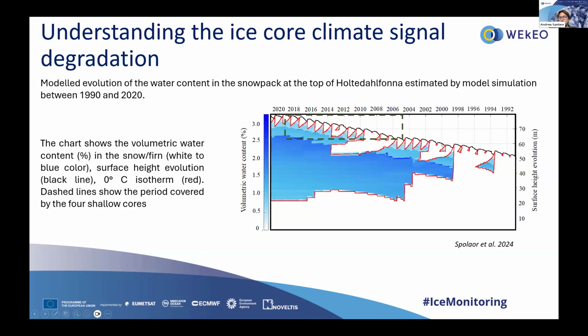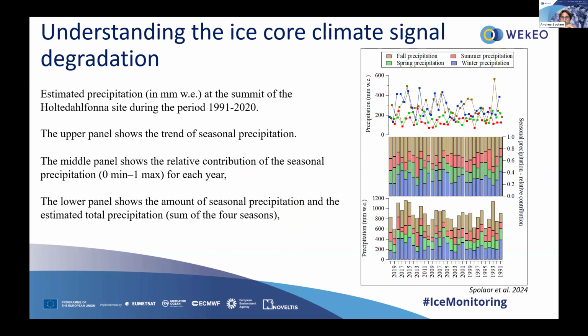And we can see that, moving closer to the recent period, the isotherm, the 0 degree temperature, goes deeper, with an associated increase of water percolation, which is essentially the blue color, into the depth of the glacier. So this modeling helps to support the observation that we had.